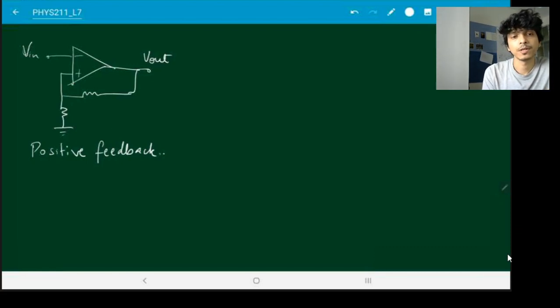Now today we are going to be looking at some more examples of circuits which have positive feedback, and in particular we will find that positive feedback leads to oscillations.